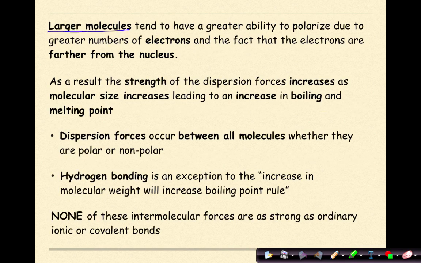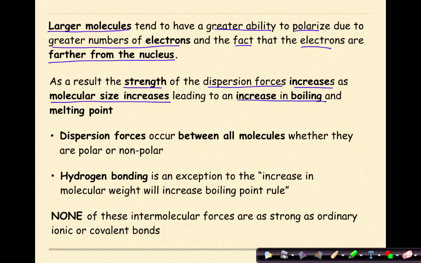Large molecules tend to have a greater ability to polarize due to the greater number of electrons and the fact that electrons are farther from the nucleus. As a result, the strength of dispersion forces increases as molecular size increases, leading to an increase in boiling and melting point.